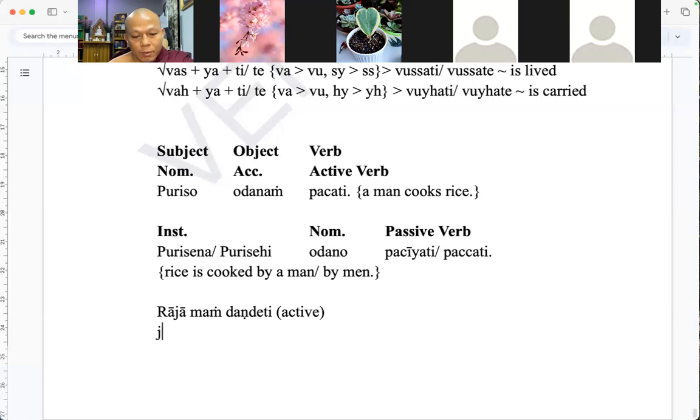Now passive, actually passive, this one is, so Rajan, the consonant now Rajan, and then instrumental case, so actually, we had the Rajina in this way, Rajina. So from the Rajina, this E is dropped.